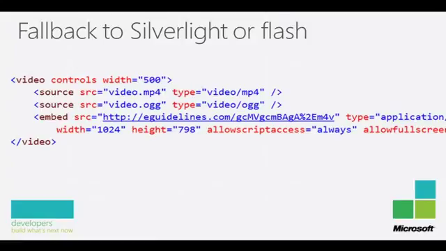Of course, the users need to have the plugin installed, but it's just better than showing the text your browser does not support the video. So this is what you should do: provide the sources for the newer browsers, and at the end, embed a Flash video or a Silverlight video, so that you will always have that fallback value.